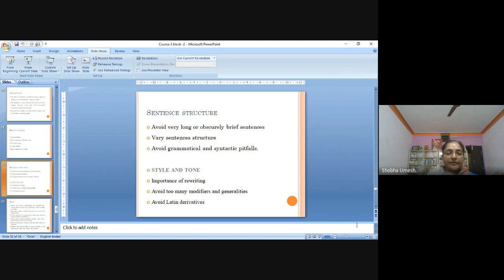Avoid Latin derivatives. What are Latin derivatives? That is nothing but, when you write for children or adults, you have to avoid certain Latin words, which must be replaced with present ones.